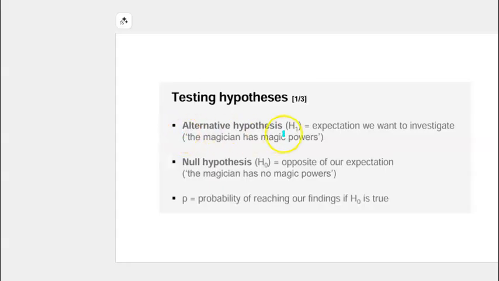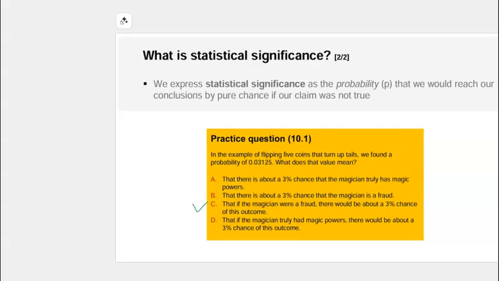The alternative hypothesis is the expectation we want to investigate. For instance, the magician has a magic power, and the null hypothesis, the magician has no magic power. So the probability of reaching our finding if H0 is true. This is how you interpret the null hypothesis and alternative hypothesis.